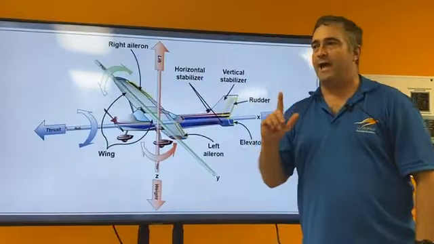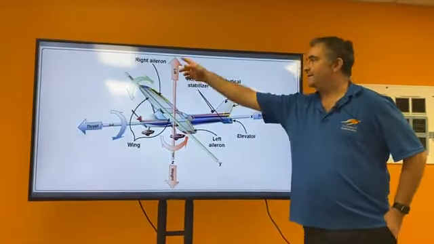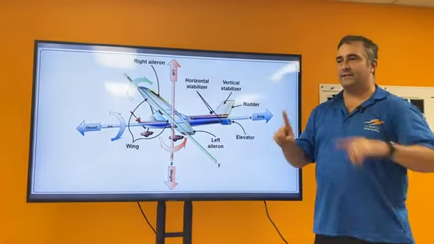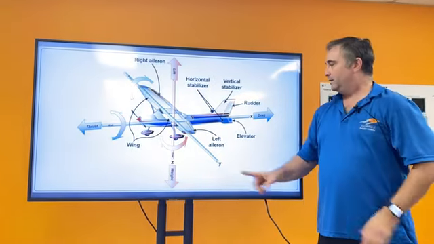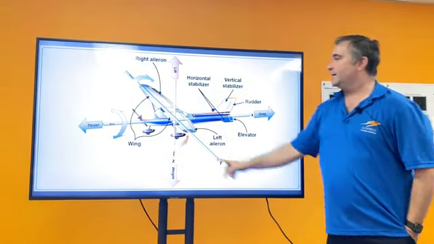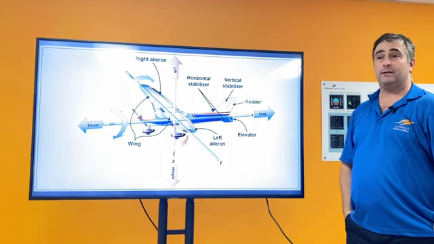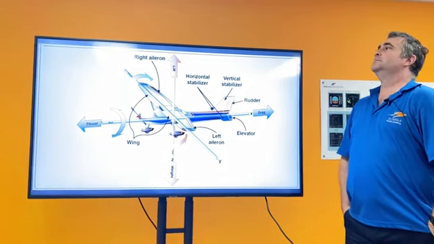A vertical axis, which is just straight up and down. All of these axes are exactly 90 degrees from each other. And a lateral axis, from wingtip to wingtip. Great.